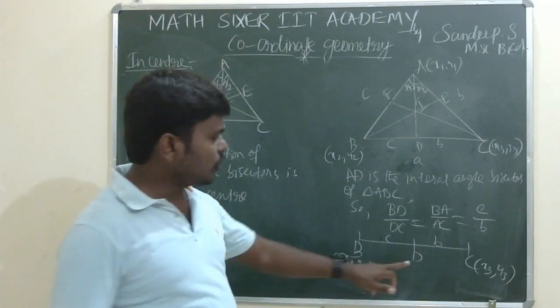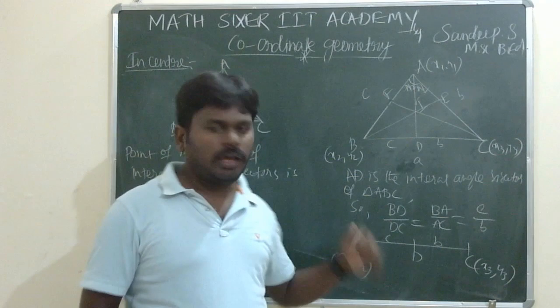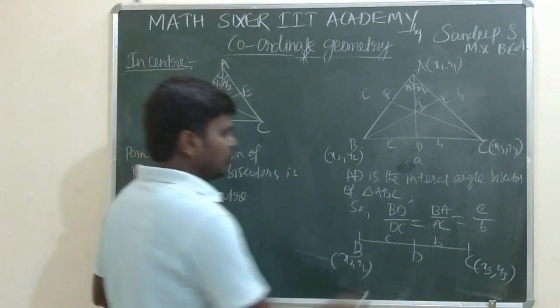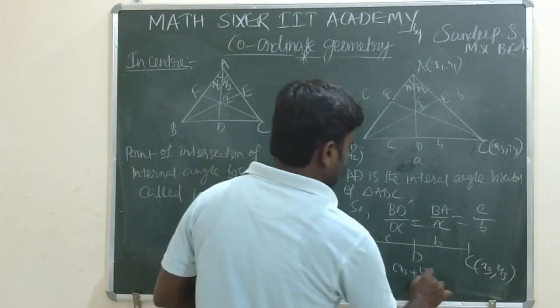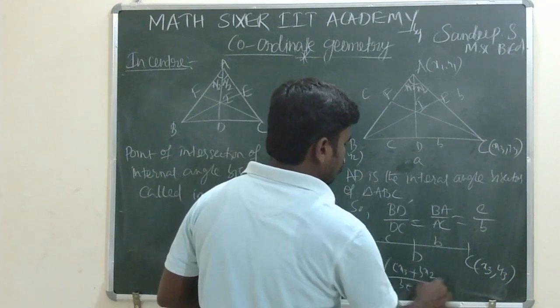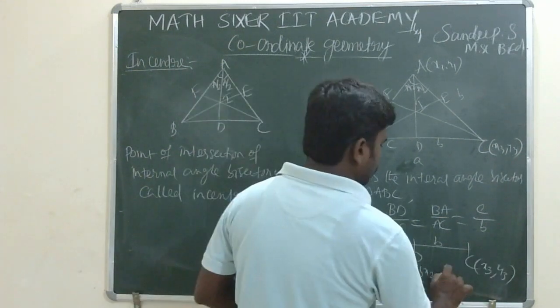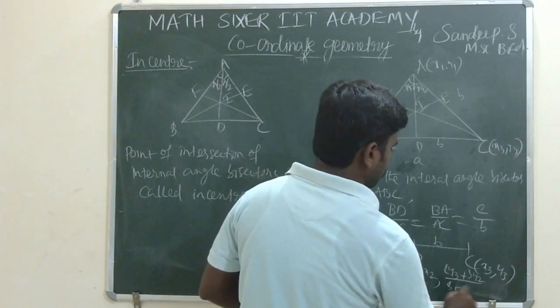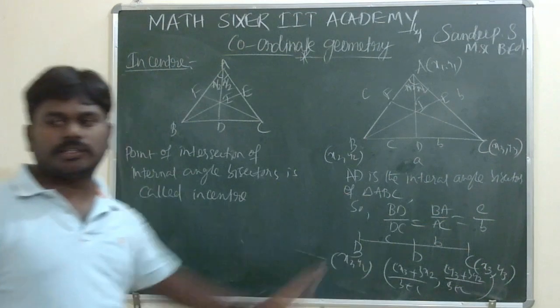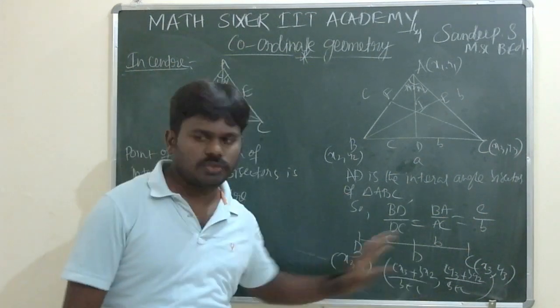Okay, so by applying the section formula we can find D, and that is nothing but C into x3 plus B into x2 by B plus C, comma C into y3 plus B into y2 by B plus C. This is the vertex D after applying the section formula.